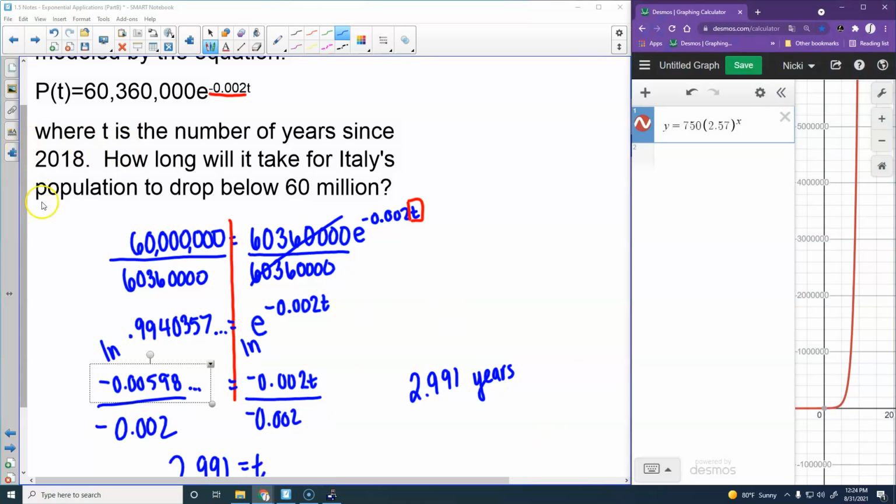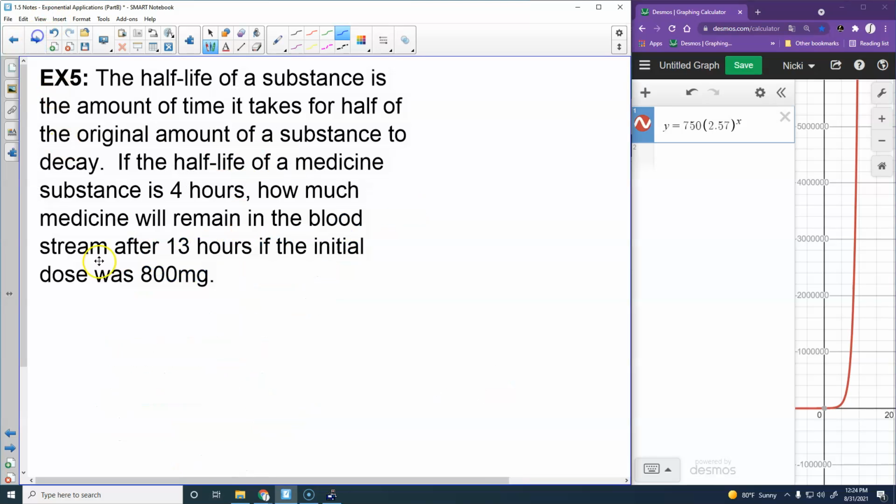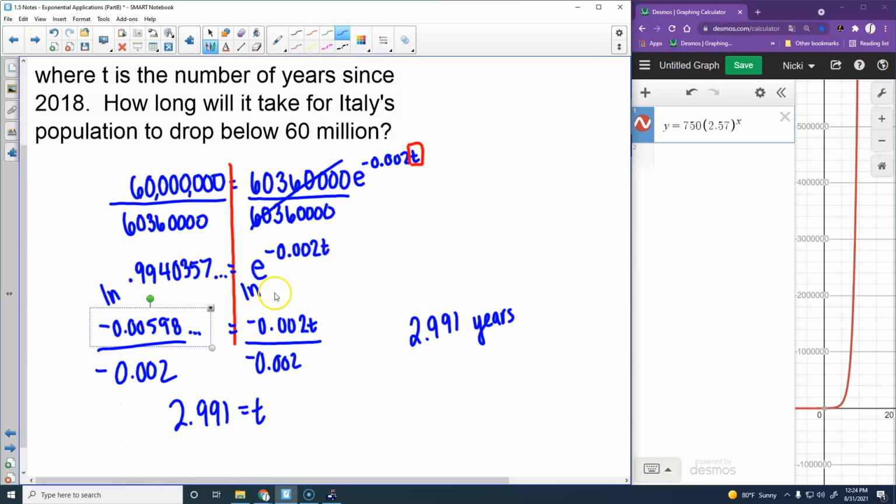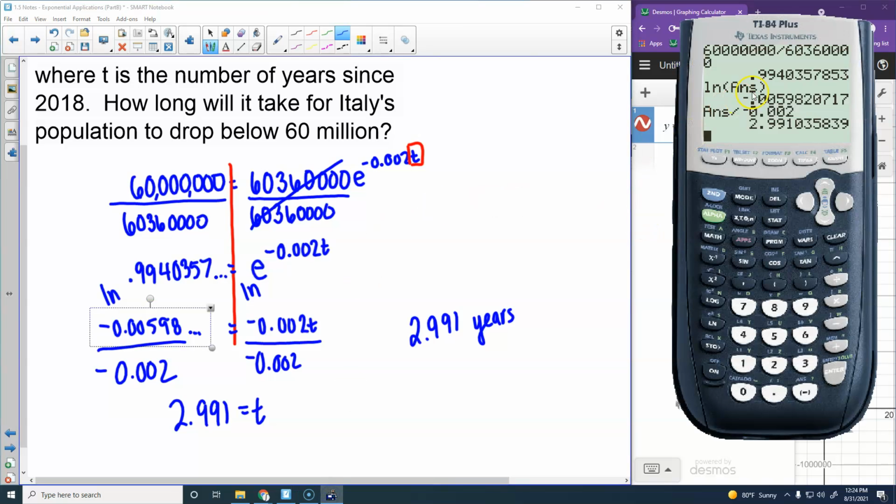So, let's see. Yes. I rounded the 60 million divided by 60,360,000, and I rounded the number to 0.994. I got 3.209. Yes.